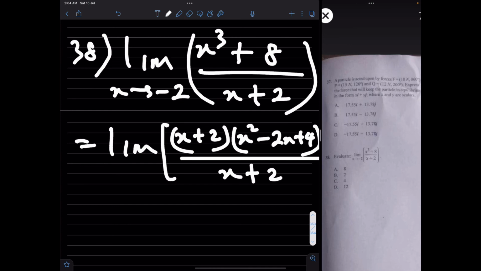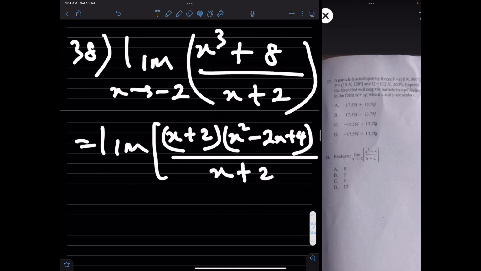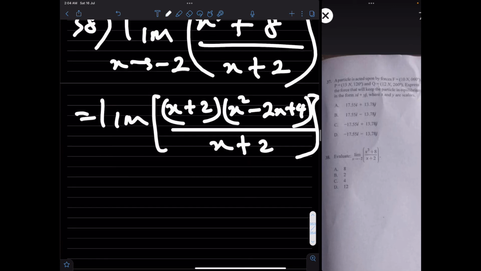Let's see if I can move that back a little. Yeah, now I can close the bracket, as x tends to minus 2.